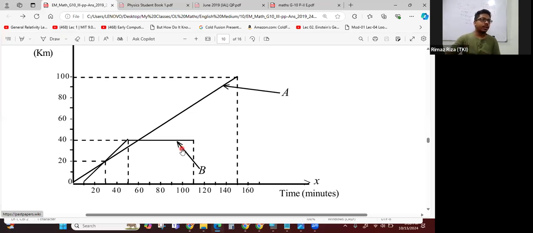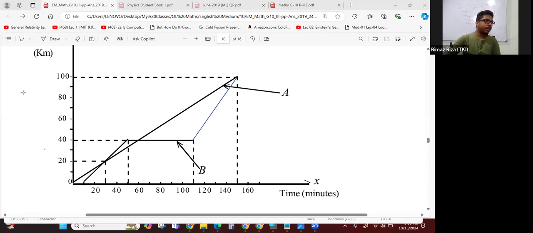And then after that it says A and B reach at the same time. That means the total distance traveled by A and B has to be the same. Therefore, the graph of B will be like this.